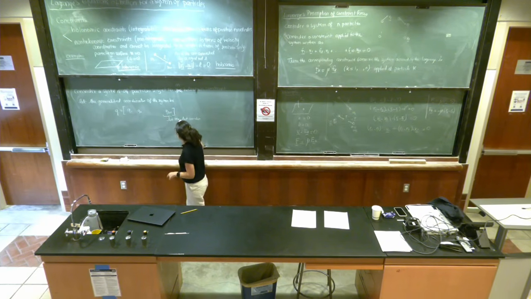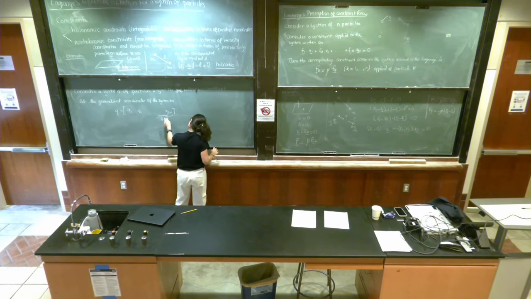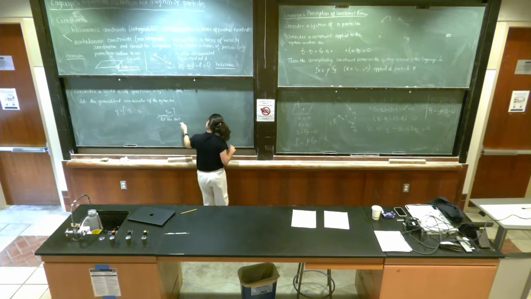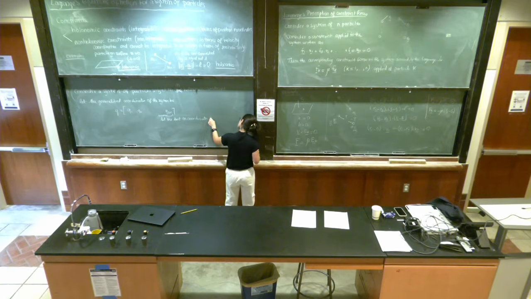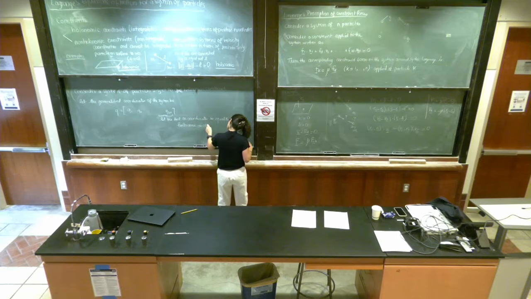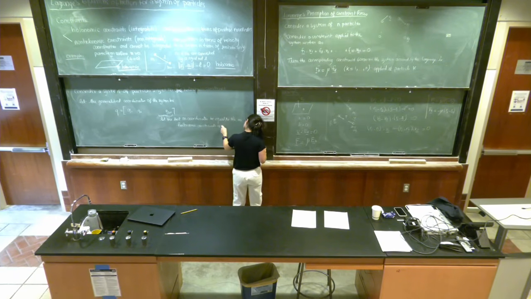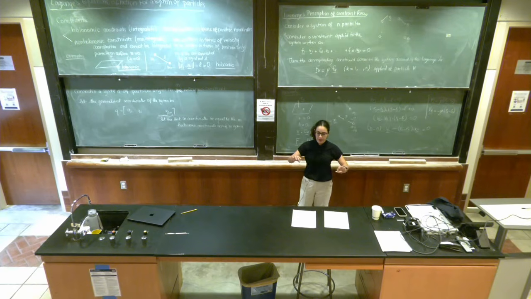I'm going to keep it a little bit general. Okay, so I have a system of n particles, 3n degrees of freedom, m holonomic constraints.